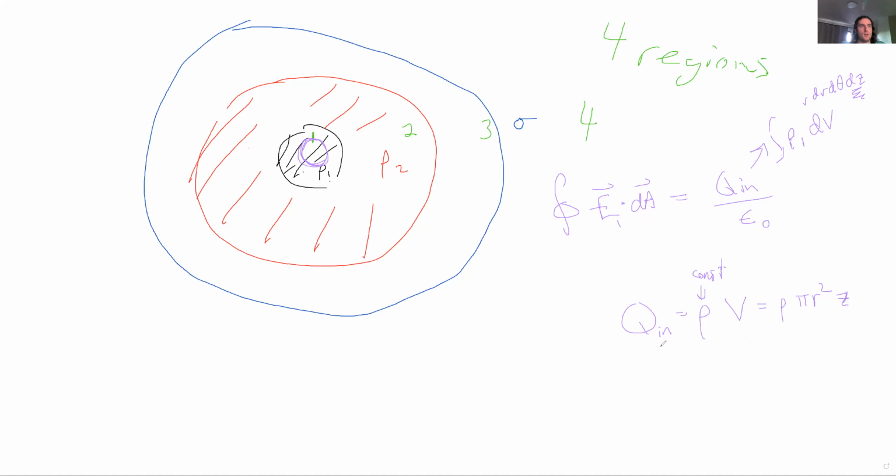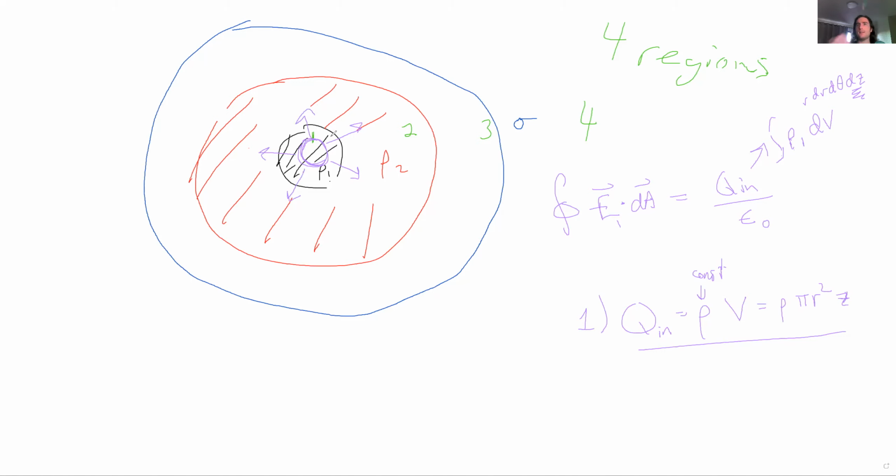Okay, so we've got the charge inside, but this is just for region 1. For region 1, things simplify. Since we have a cylinder, we know our electric field lines are going to be radially outward along the radial axis of the cylinder.